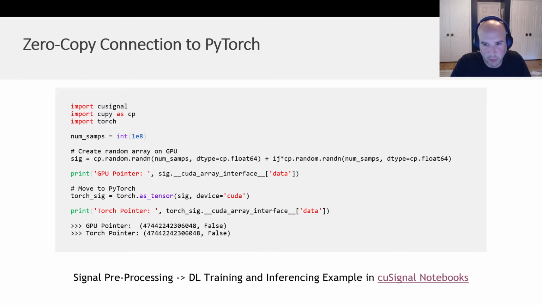If you display the pointers, you can see that the CuPy array denoted as sig there and the torch array both have the same memory pointer. So there has been no additional memory copy as we have moved from cuSignal or CuPy or Numba to PyTorch.